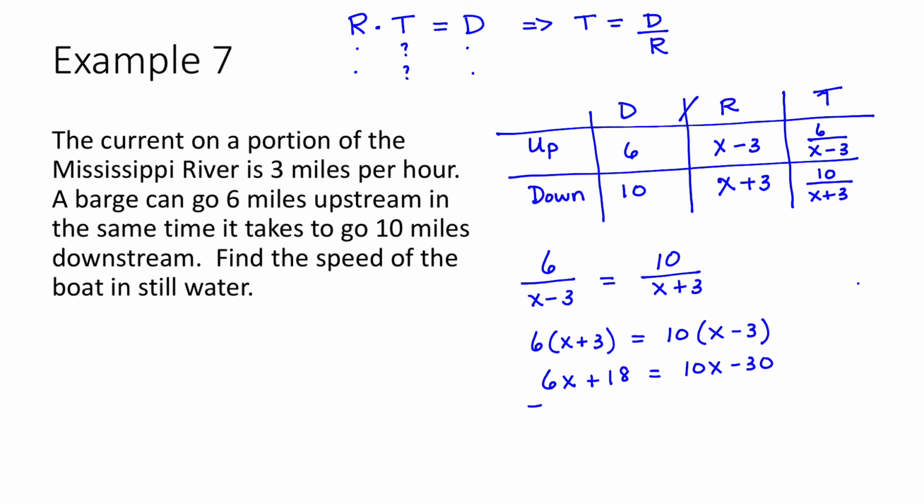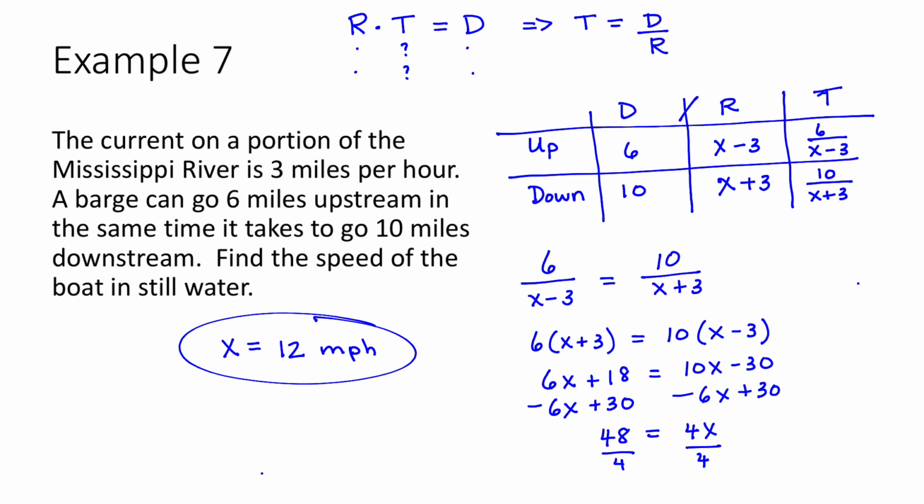And now I'll get my like terms together, and I get 48 equals 4x. Divide by 4, and I get x equals 12. And that is in miles per hour. That's my final answer.